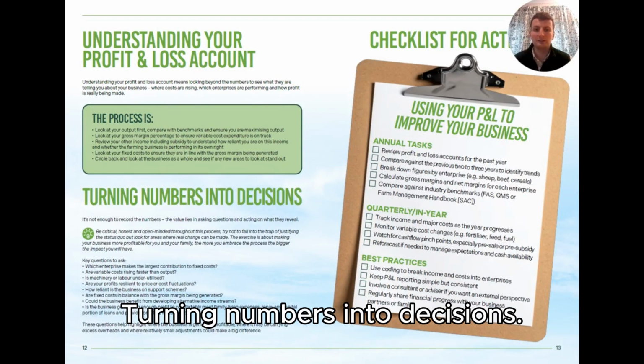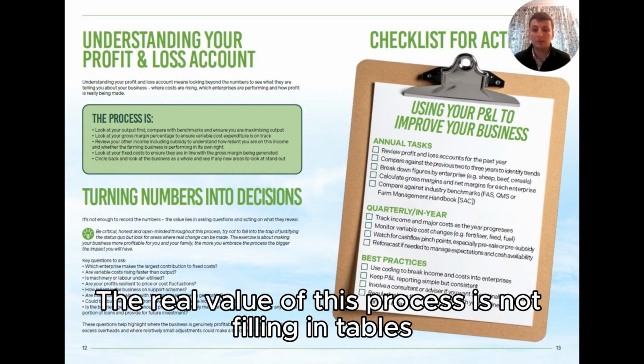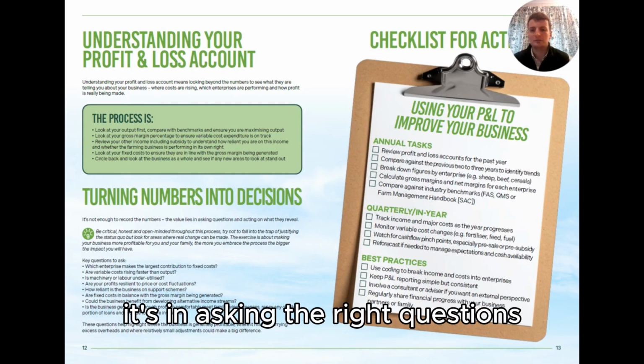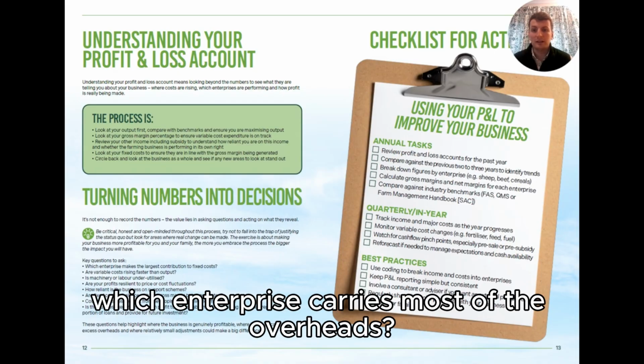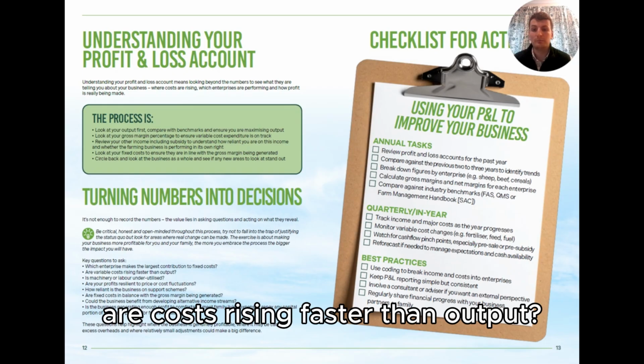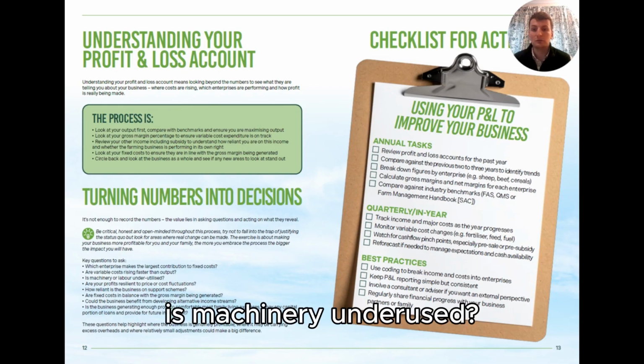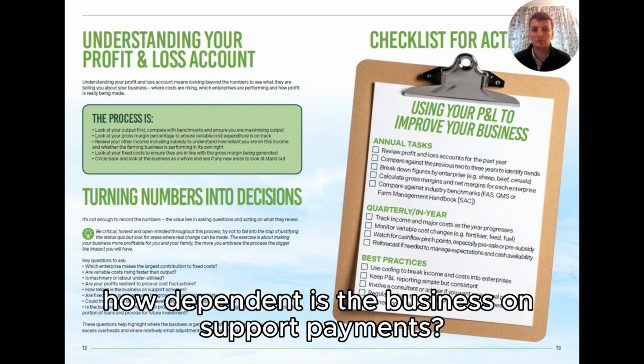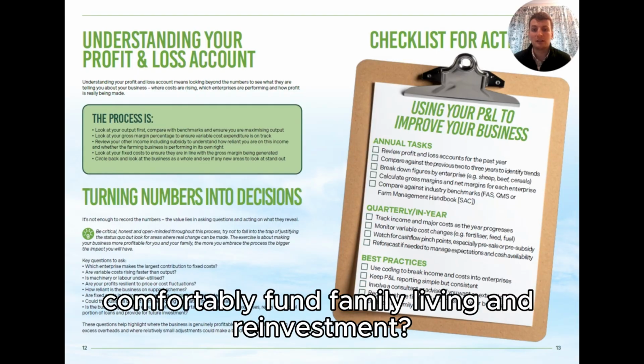Turning numbers into decisions. The real value of this process is not filling in tables, it's in asking the right questions. For example, which enterprise carries most of the overheads? Are costs rising faster than output? Is machinery underused? How dependent is the business on support payments? Can the business comfortably fund family living and reinvestment?